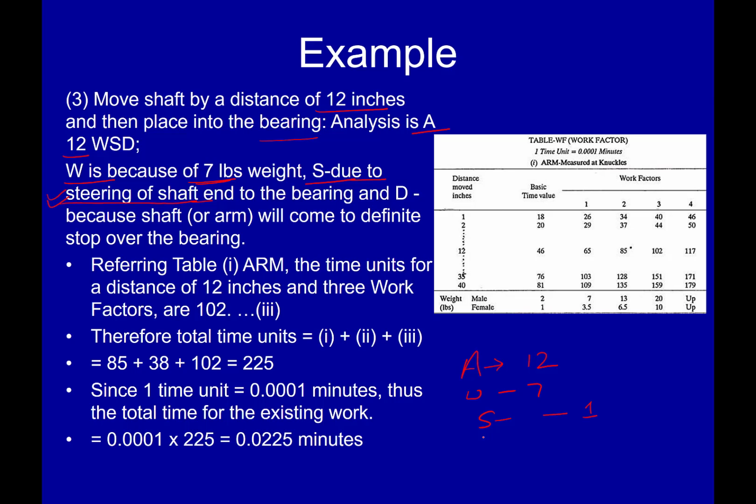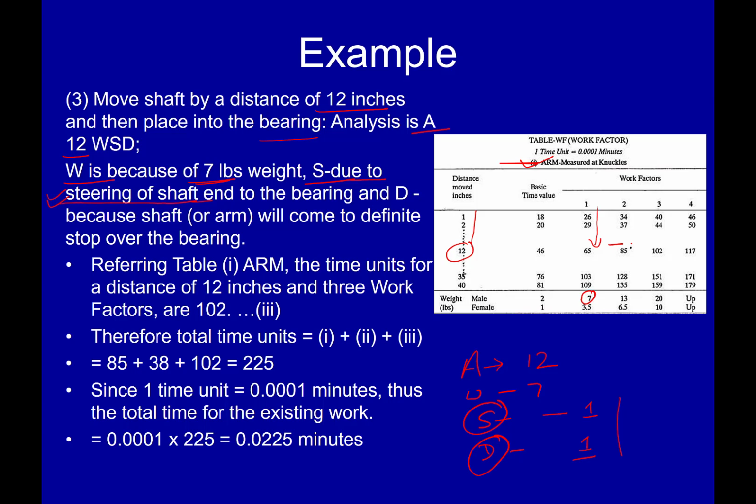The definite stop is another work factor. So the same arm distance traveled of 12 inches involves 3 work factors: the 7 pound weight is one, the steering is another, and the definite stop is another.